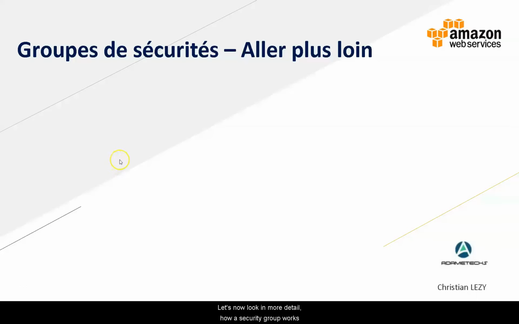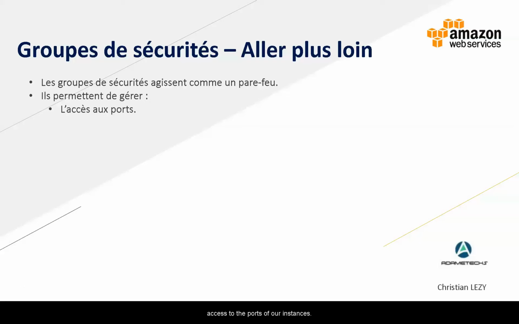Let's now look in more details at how a security group works. As we've seen previously, security groups act like a firewall. They allow us to manage access to the ports of our instances. Those security groups define which IP addresses are allowed to connect to our instances, either in IPv4 or in IPv6.